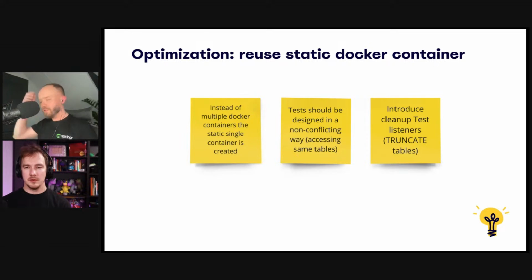So we will now talk about two general ways of reducing the number of Docker containers that work in parallel. The first is to use static Docker containers.